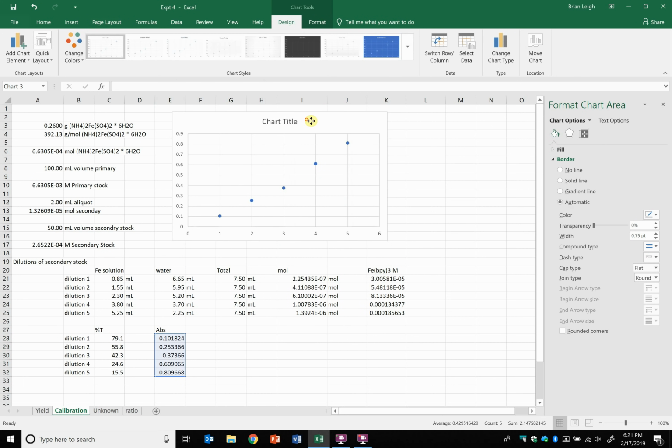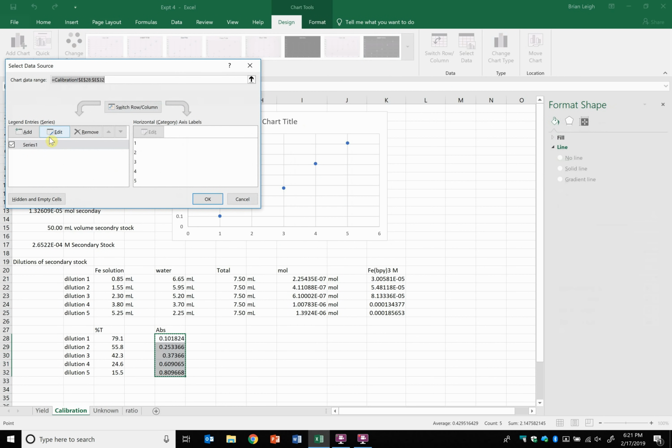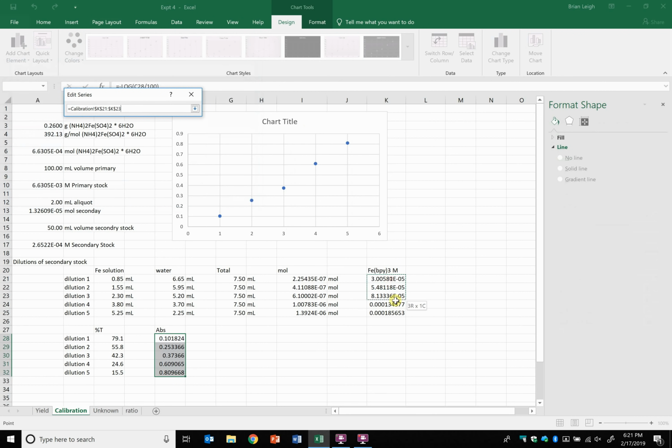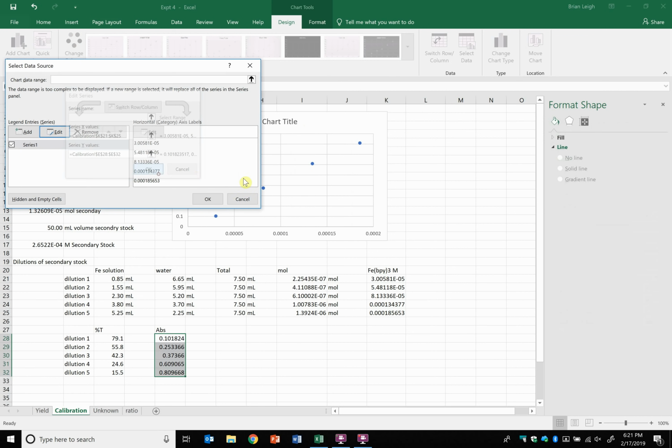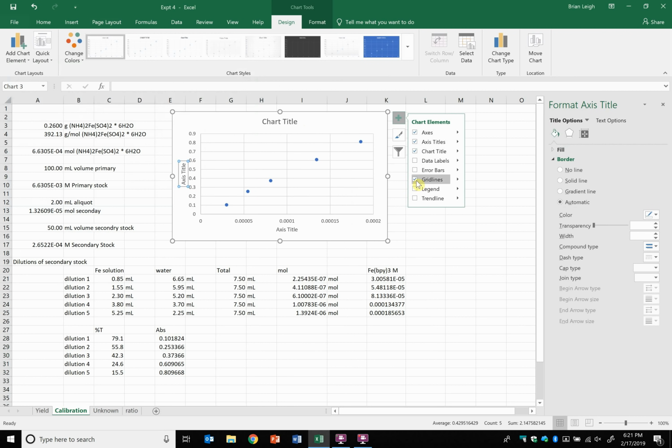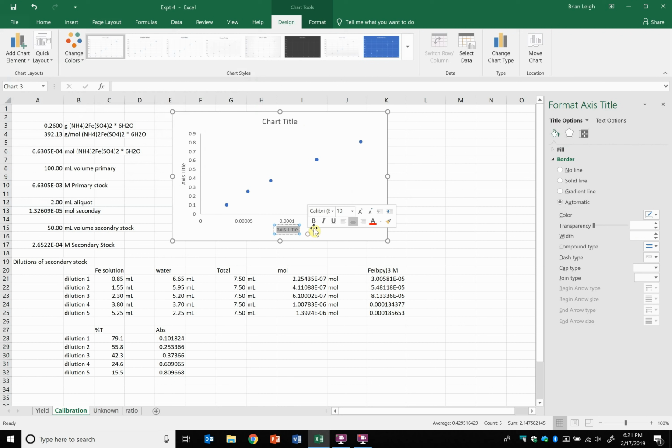Scatter plot. Select data. Edit. Our X data will be the concentrations. And then we need to appropriately label this, right?